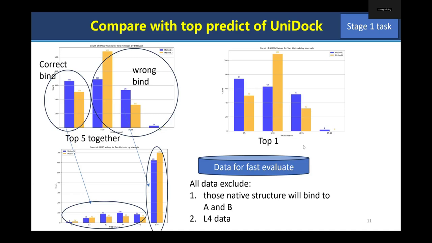Now we see it really has such a very similar trend, indicating our method can predict more correct conformations. For example, here it has 74 correct predictions versus UniDock, which has 15 correct predictions at the top score.